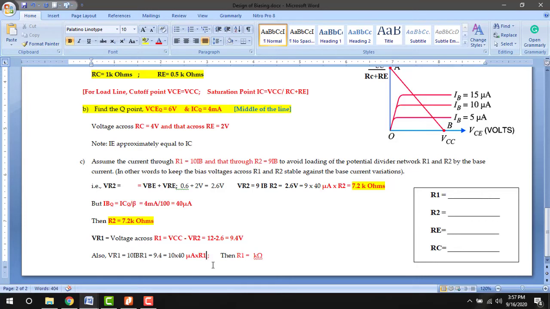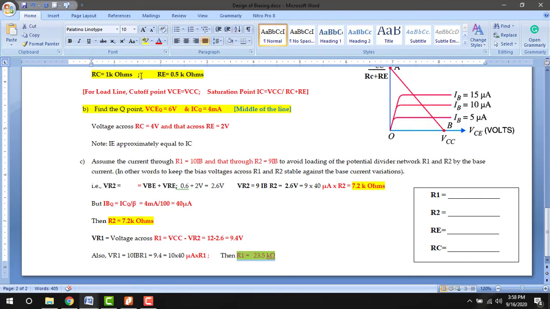The only unknown is R1. So R1 is equal to 9.4 divided by 10 into 40 microamps. Using the calculator, we get the R1 value as 23.5 kilo ohms. So we designed all the circuit parameters.